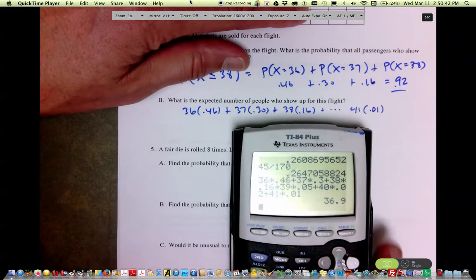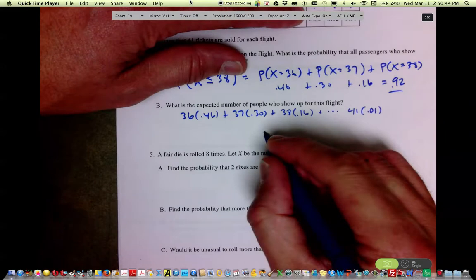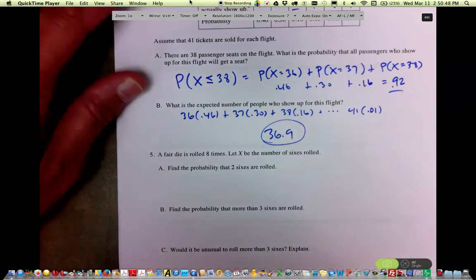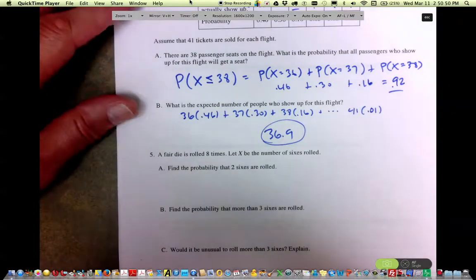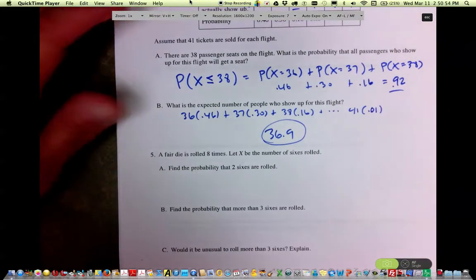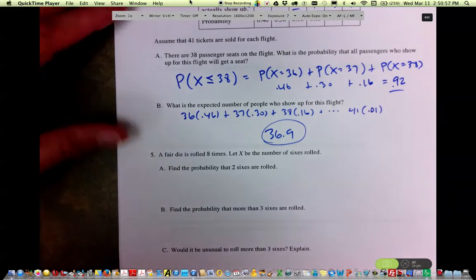This gives me 36.9. So 36.9 is the expected number of people that are going to show up for this flight. This is a problem you can also do on the calculator, but doing it this way I think is just as fast.